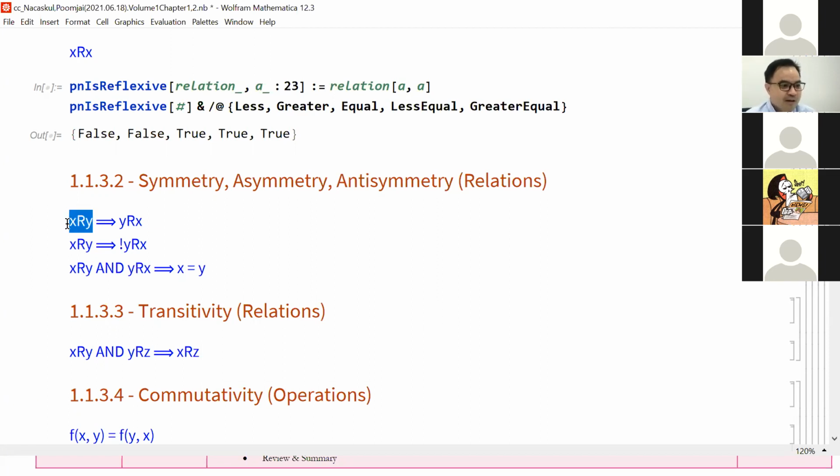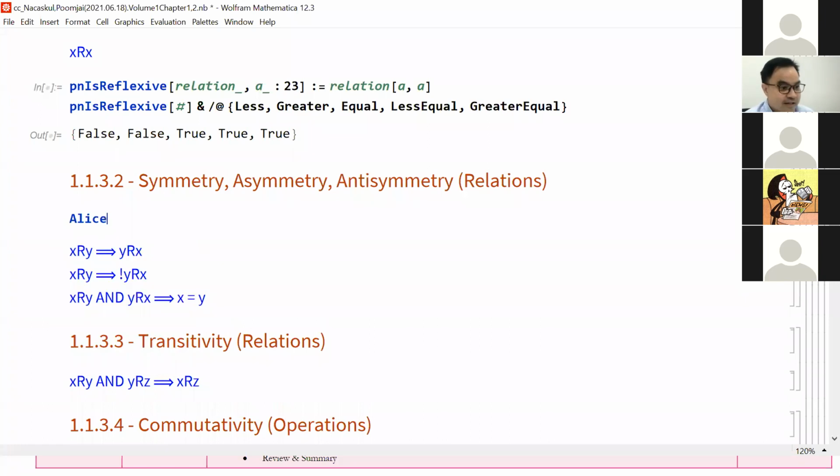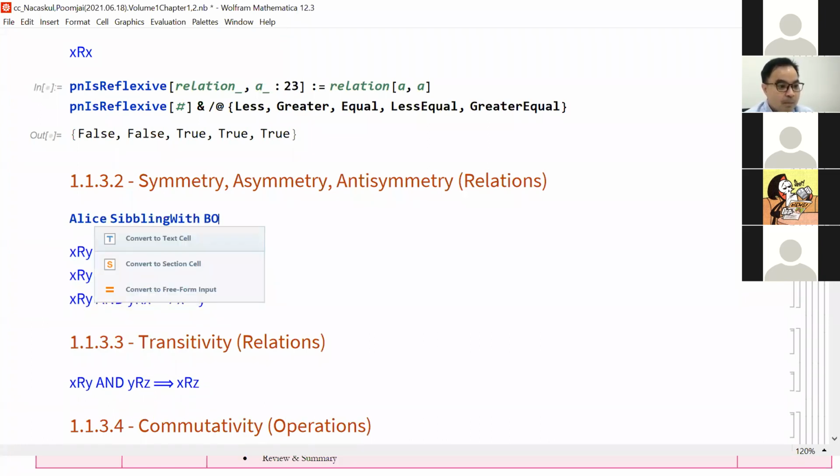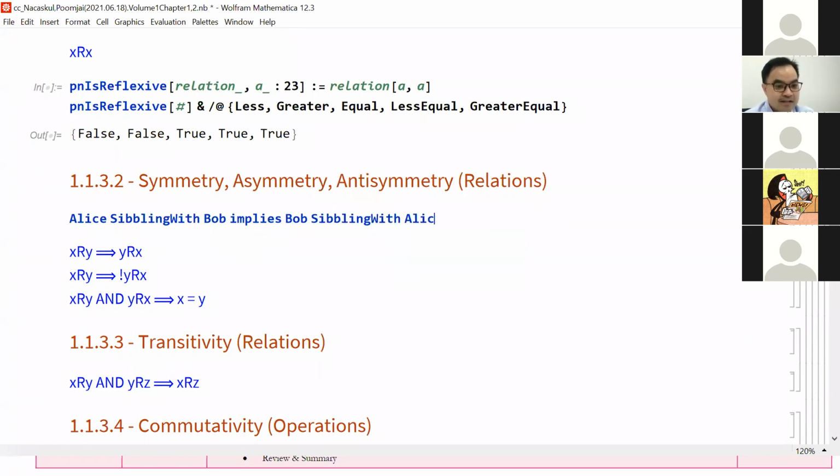So just read this logic. If it's symmetry, means that if X relation with Y is true, then Y relation X is true. So this would be something like Alice is sibling with Bob implies Bob sibling with Alice.